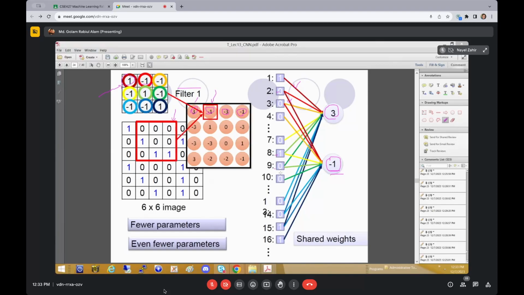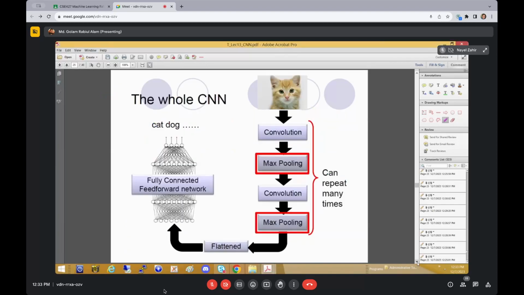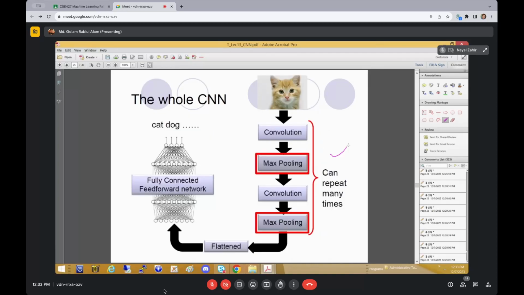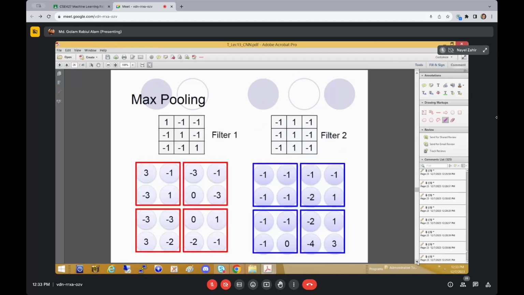So the number of parameters will reduce in case of convolutional neural networks. We have already seen convolution. What we have to do after convolution is apply the pooling operation. So in our next class we will start from here, how to perform the pooling operation, and then maybe the rest of the things.